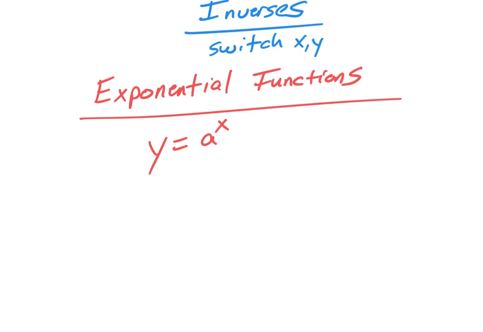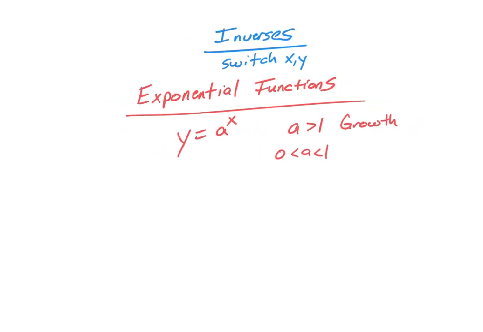Because x is in the exponent, that's why we call it an exponential function. If a is bigger than 1, then it's a growth function. If a is between 0 and 1, then we call it a decay function.